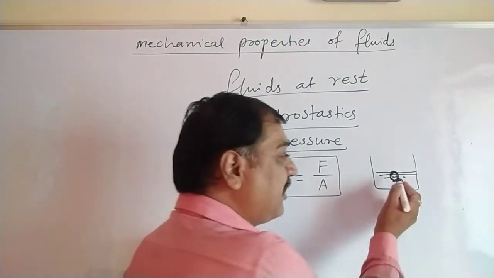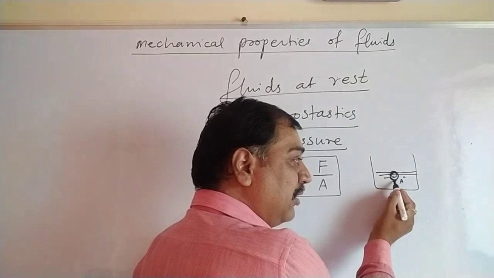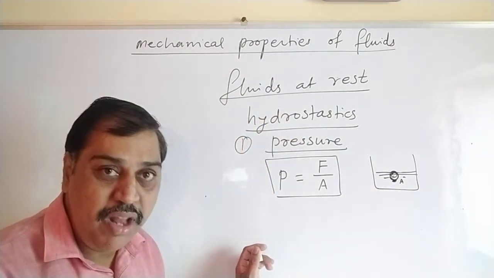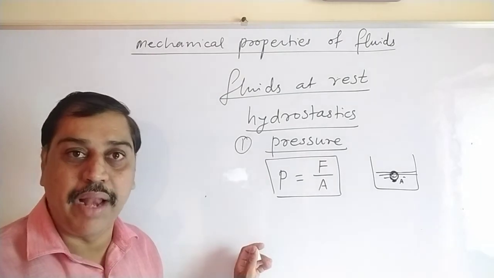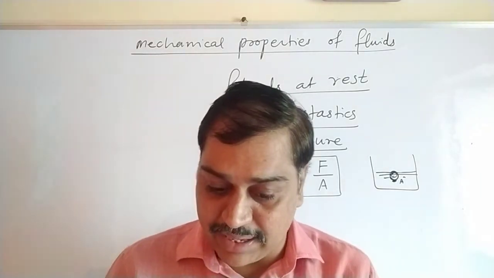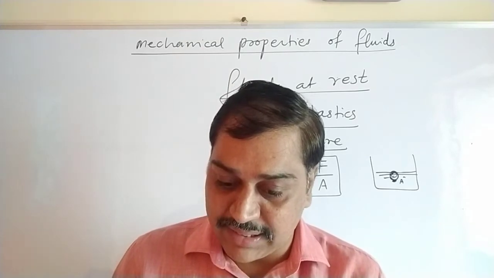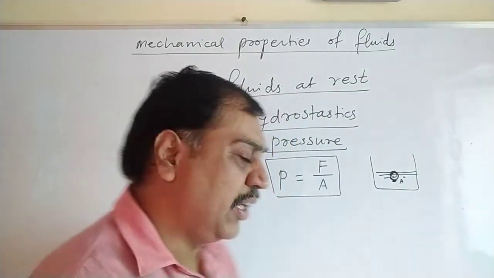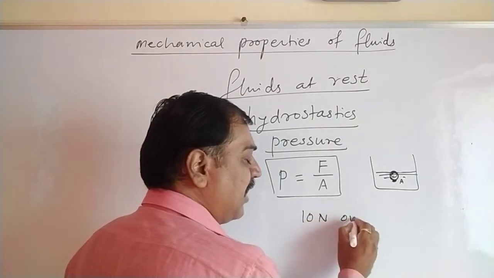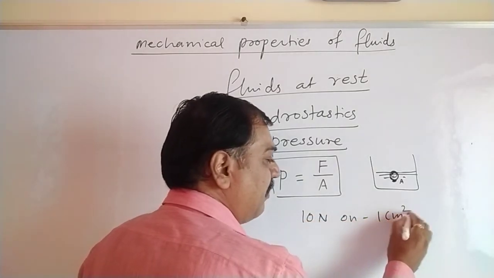Still, the force applied on this area A may be large. If the area is very small, a small weight of fluid can apply a very large force, and they have mentioned that here. For example, they have taken 10 Newton acting on 1 centimeter square.